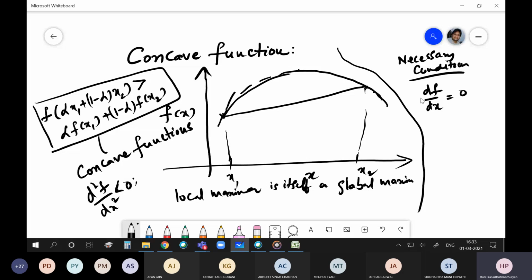If df by dx is equal to 0, that point is called a stationary point. So this is only the necessary condition. In addition to this, we should have the sufficient conditions. What are the sufficient conditions?